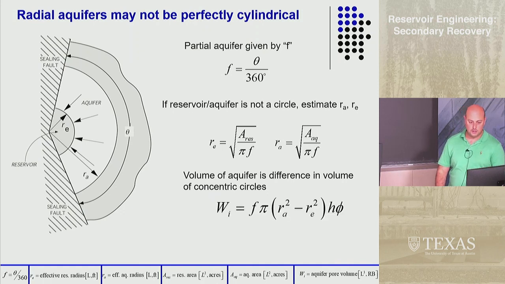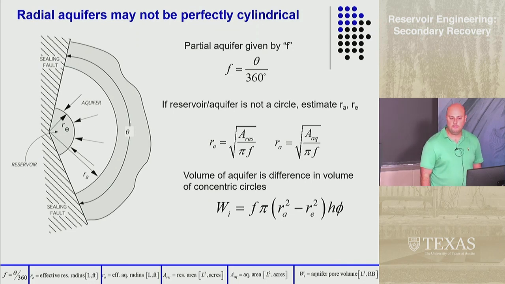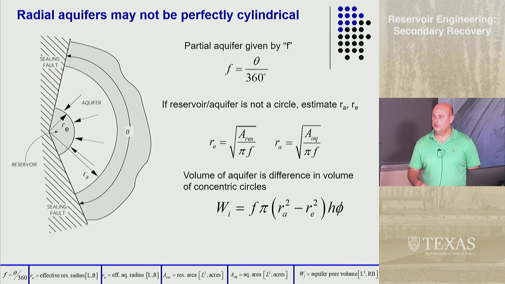So we can say that the volume of the aquifer, we'll call that Wi, and we usually measure that in barrels. You could do it in cubic feet as well, but we usually use oil field units, is equal to this fraction F times pi times the difference in radii squared times the thickness times the porosity. And if you know all those, then you can calculate the volume of your aquifer in barrels or cubic feet.